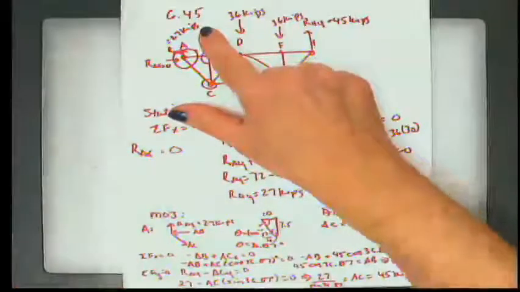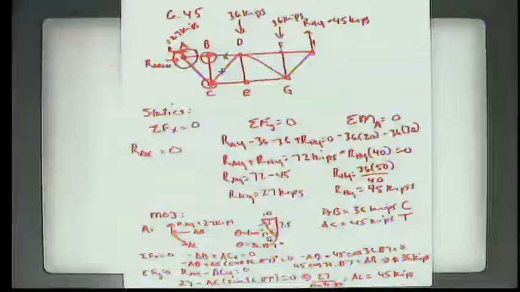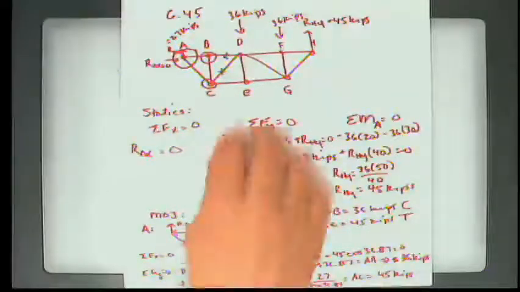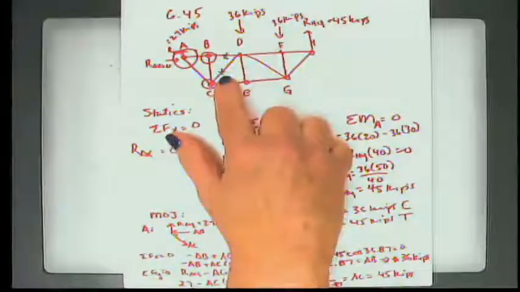In the textbook, problem 645 asks us to find the force in members BD and CD.